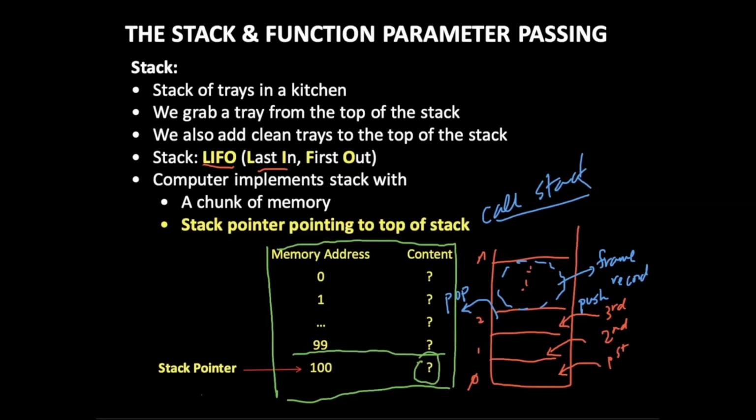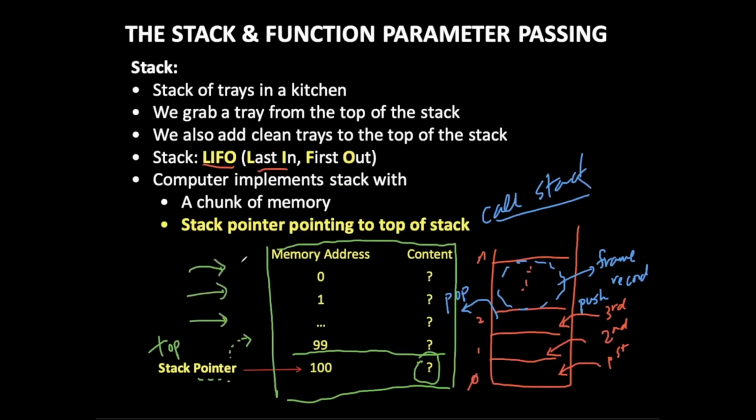And because stack is last in, first out, we need to have some sort of pointer that constantly points to the top of stack. So this is also called the top stack pointer. This top stack pointer keeps track of the top position at any given moment, meaning when you start to insert or push information into your stack, it goes up, and your top pointer will be moved accordingly.